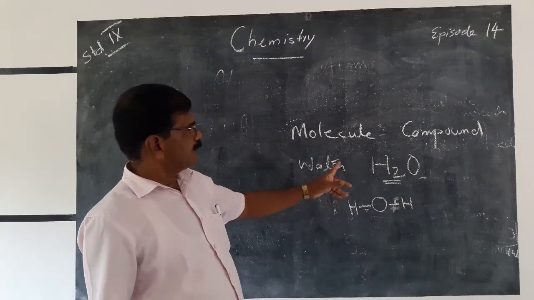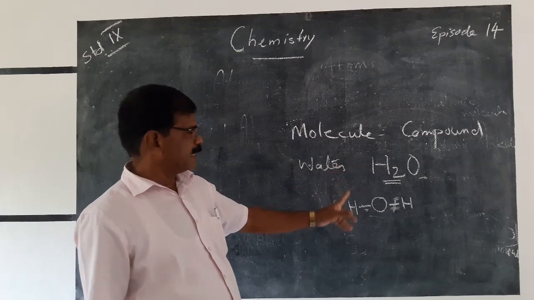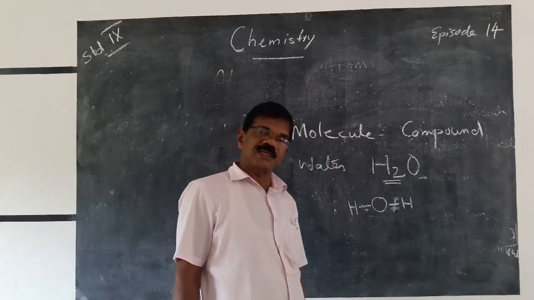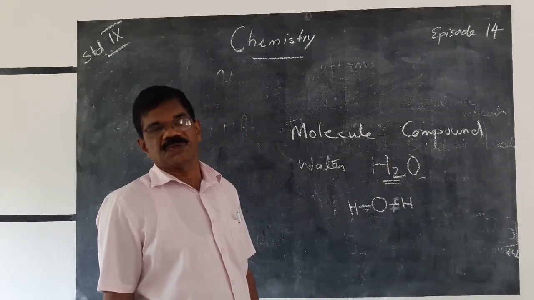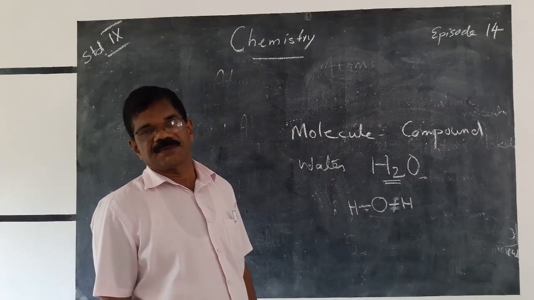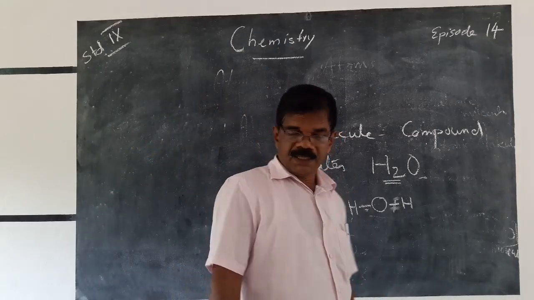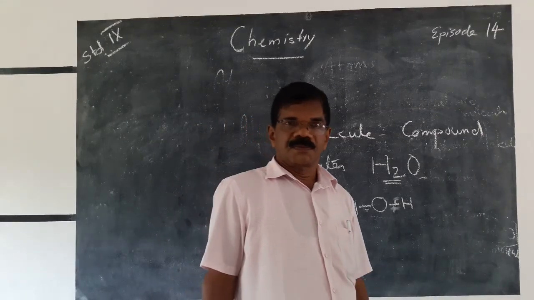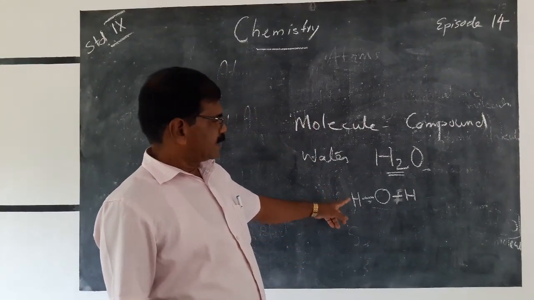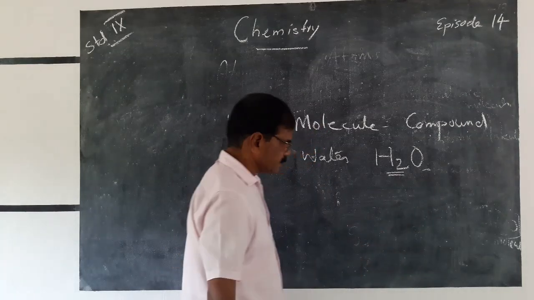This is called a heteroatomic molecule. Why is it a heteroatomic molecule? There are hydrogen and oxygen. They are always combined in a fixed ratio. Can you say the ratio of hydrogen to oxygen? Hydrogen and oxygen combine to form the water molecule.